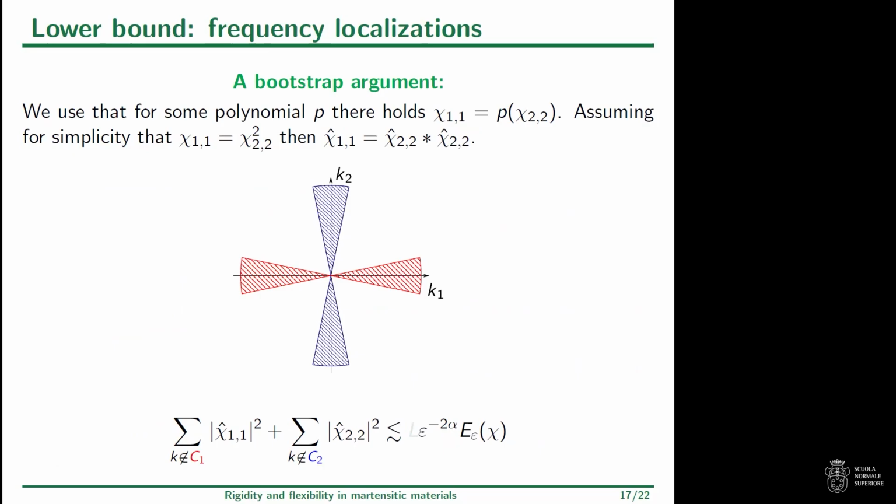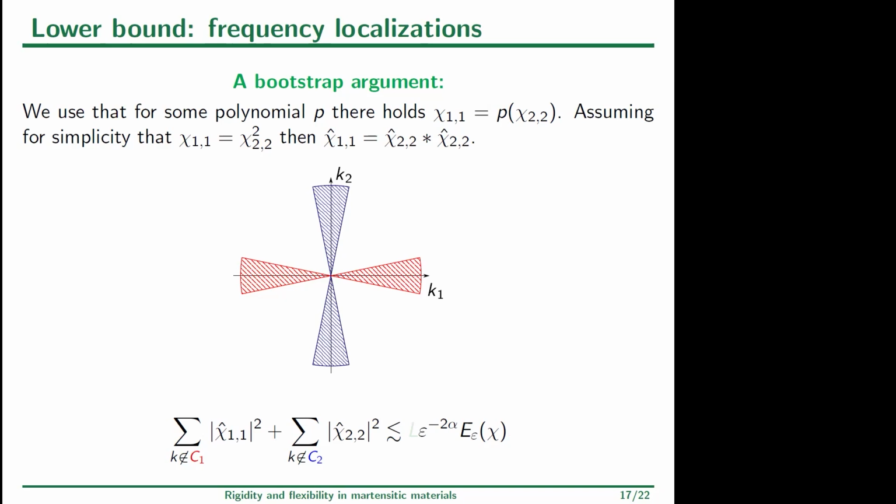comes into play. Yes, so here we are starting to try to reduce the localization cone of chi1, okay? We are really using the fact that chi1 can be written as a function of chi2, in particular a polynomial, because they are taking only a discrete set of values, so we can do polynomial interpolation, okay?